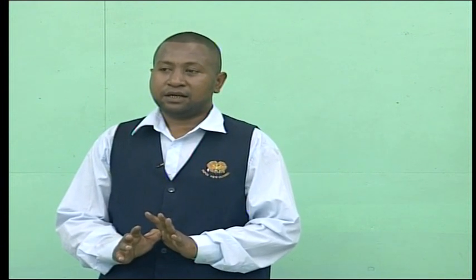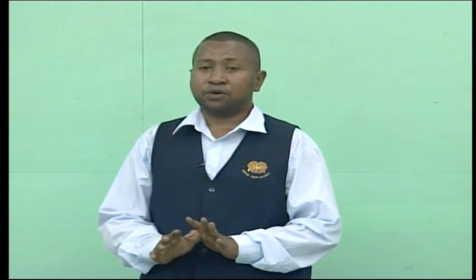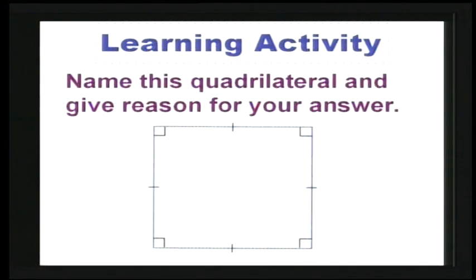It has four sides. It also has angles. So what is the name of the shape? Is it a kite? Is it a trapezium? Is it a rectangle? Is it a rhombus? Okay, let's go through the answer together. What do you think that shape is?